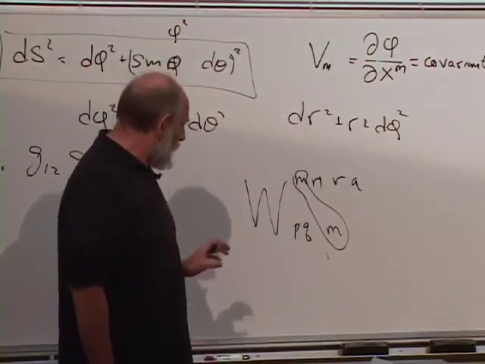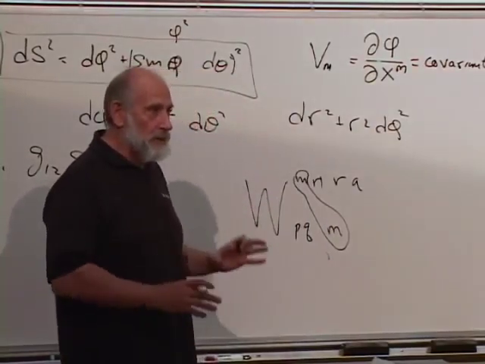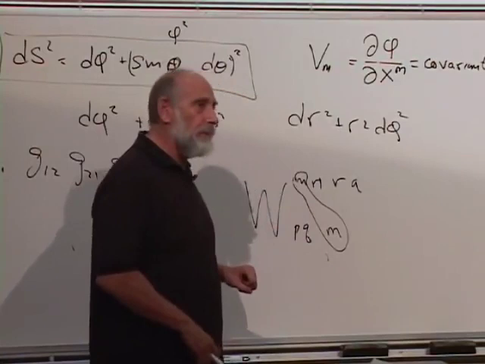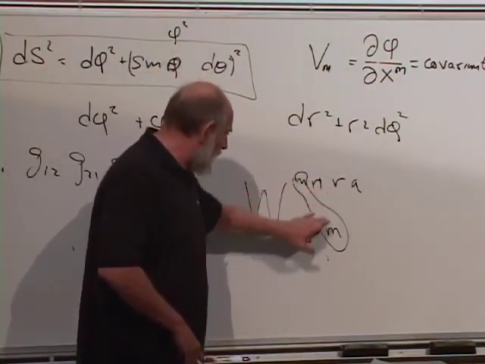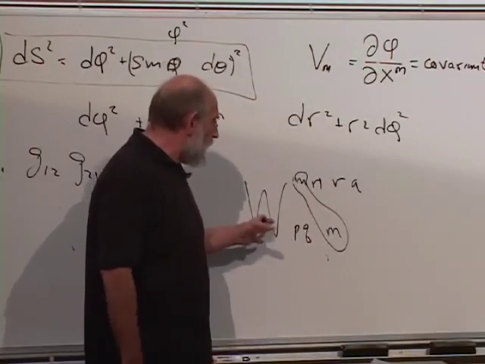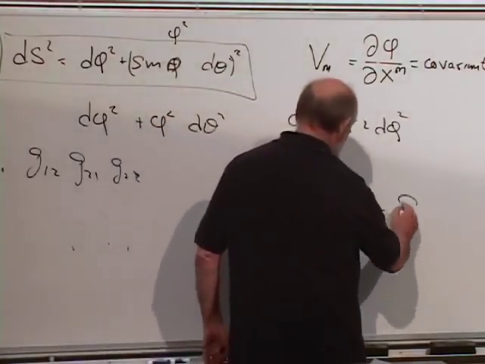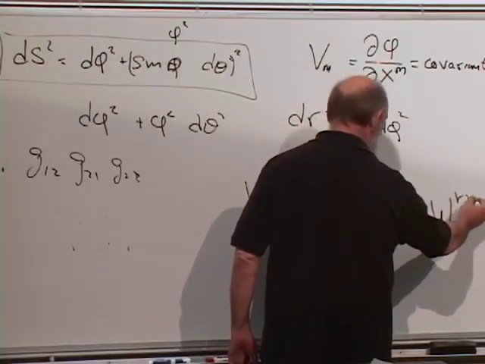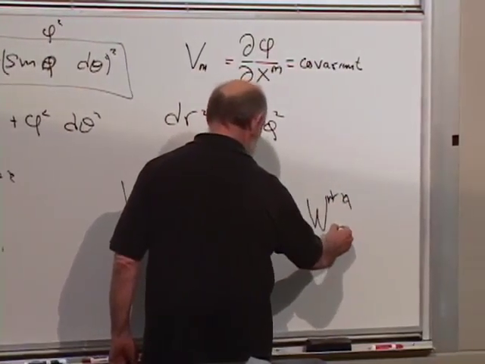But when you do contract, this is called contracting the indices. This process is called contracting the indices M. When you contract the index M, it simply lowers the rank of the tensor, and the remaining objects do form a tensor. It doesn't mean that this W here is some scalar times WNRA, or NRA PQ.